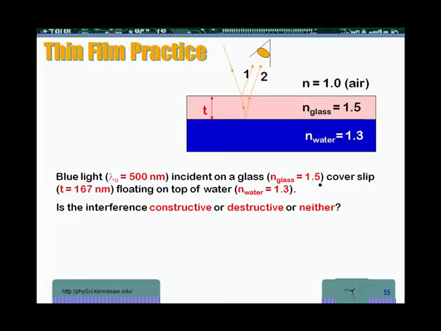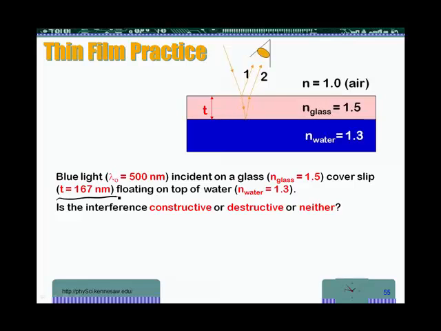The index of refraction of glass is 1.5, of thickness 167 nanometers. That is floating on top of water that has an index of refraction of 1.3. Is the interference constructive or destructive or neither for this particular thickness?